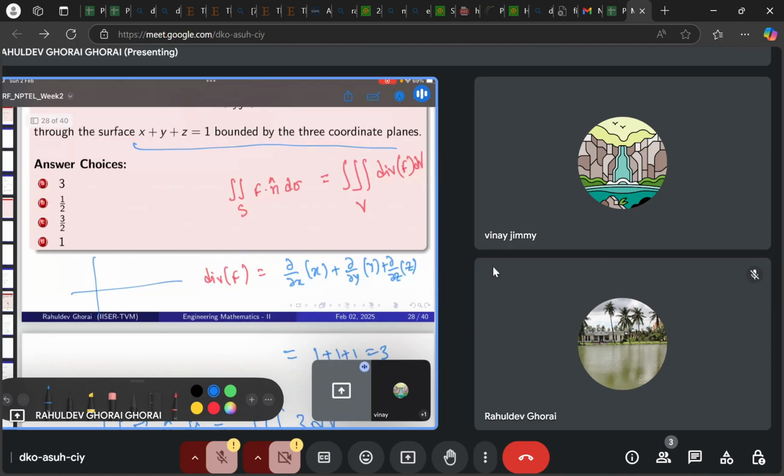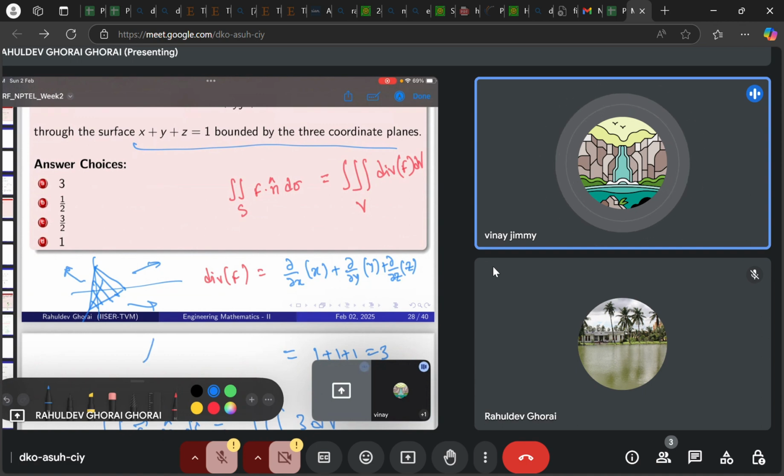I mean, it will be like this is a plane, and then there are the coordinate planes also, this plane and this plane. It bounds that region. The shape is different.